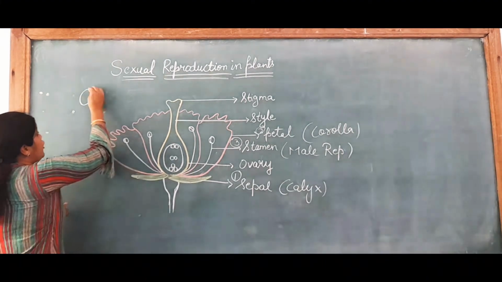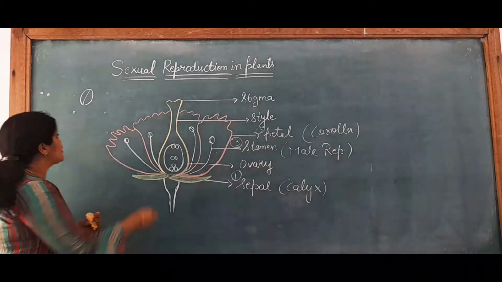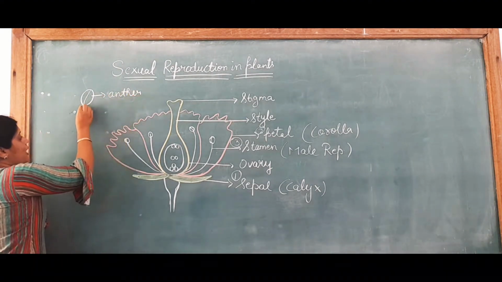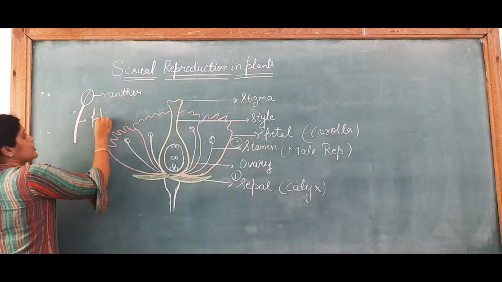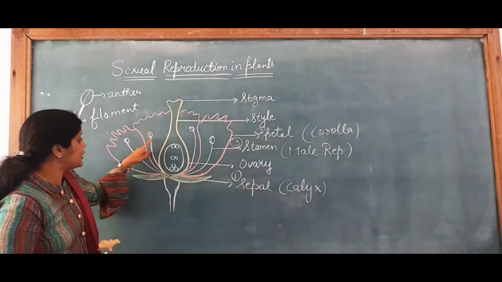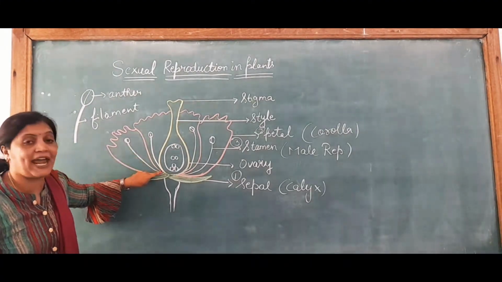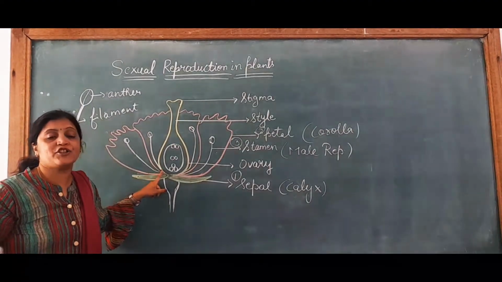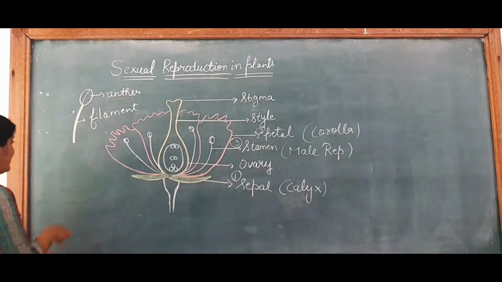The first part is bilobed, with two lobes, and is called the anther. The second part, a thin structure, is called the filament. Through this filament, which is here, it is attached to the flower body. This is the male reproductive part, the stamen.